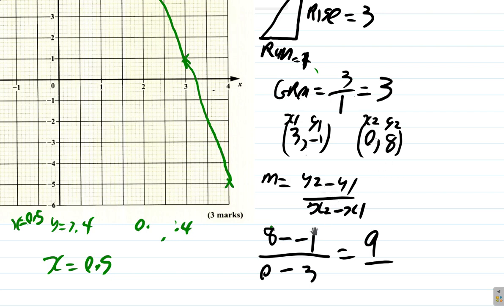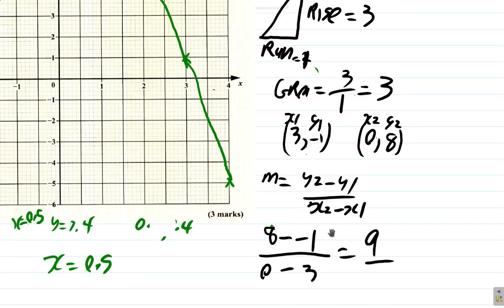So y2 minus y1 is 8 minus negative 1, over x2, which is 0, minus x1.